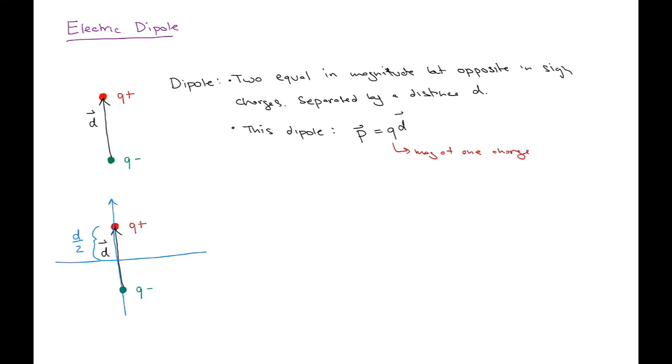I'll call this my z-axis. Doesn't really matter what the other axis is, and I want to evaluate the potential at some point P up here, and of course P has coordinates of x, y, and z in my coordinate system.